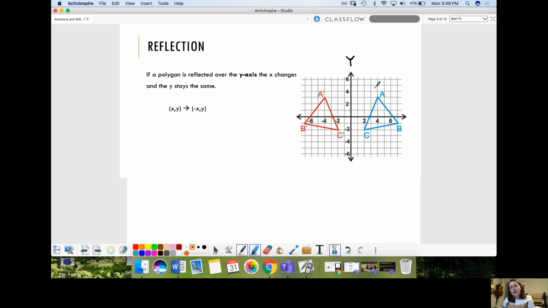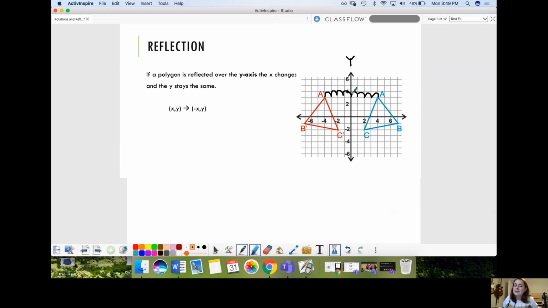And so if we look at A, we want to make sure it's the same distance from the y-axis. So it is 1, 2, 3, 4 away from the y-axis. And A prime is also 1, 2, 3, 4 away from the y-axis.